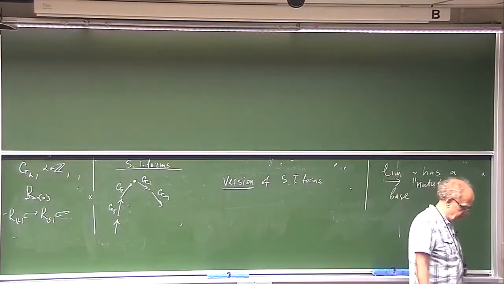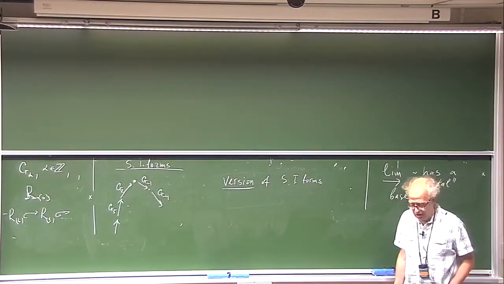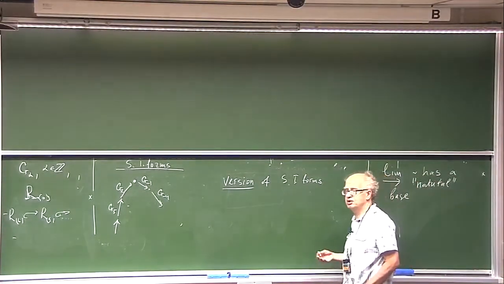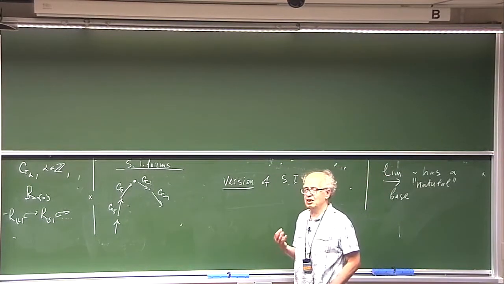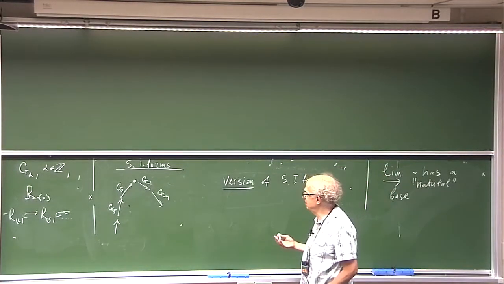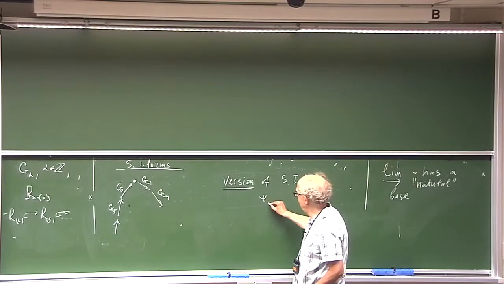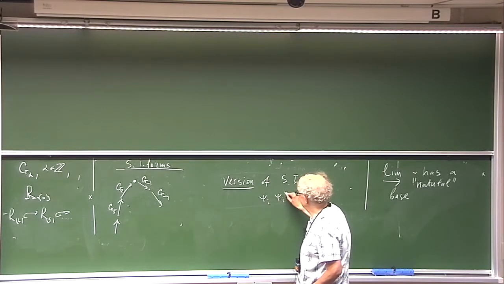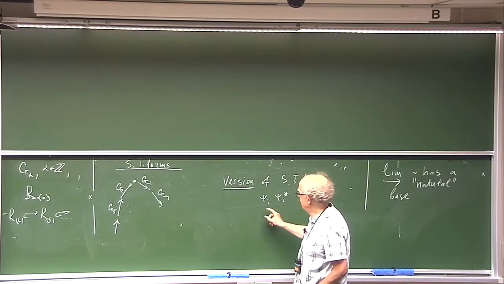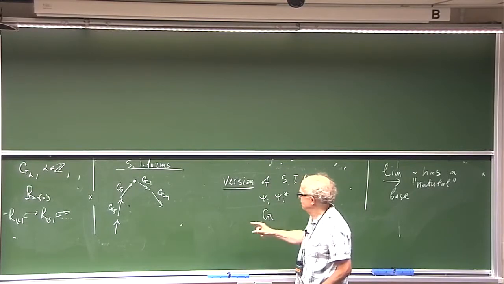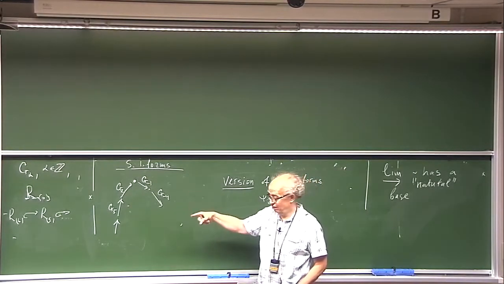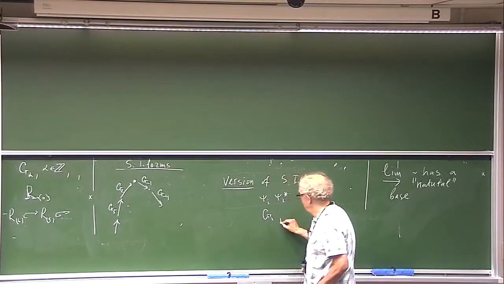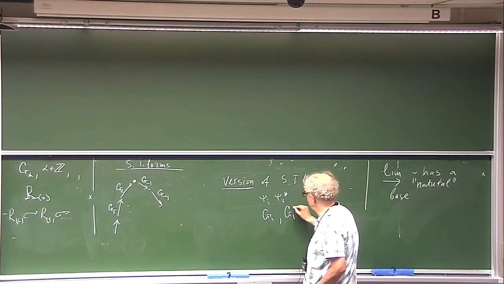And then you can ask what algebra is acting on this space. Before we had psi I and psi I star. Now we have GI, because we can product to GI. But what can be this?